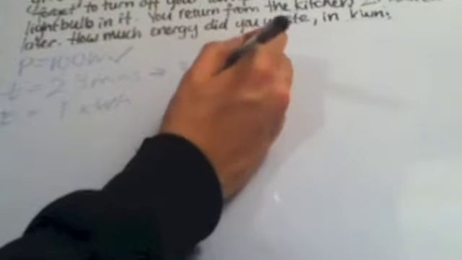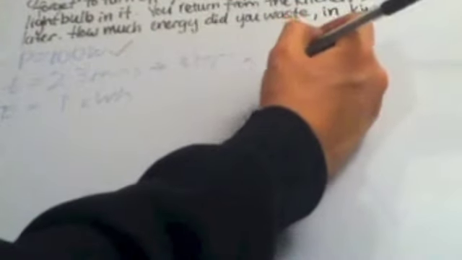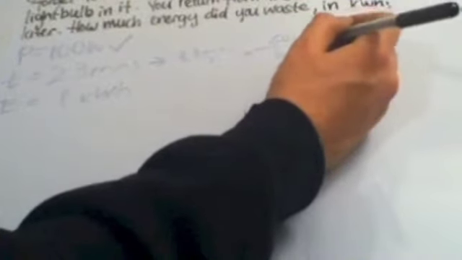However, we want time in seconds. This obviously must be converted, so 23 minutes over 1, and then we want to make it into seconds, so there are 60 seconds in 1 minute. So 23 times 60 lets us know that there are 1380 seconds in 23 minutes.